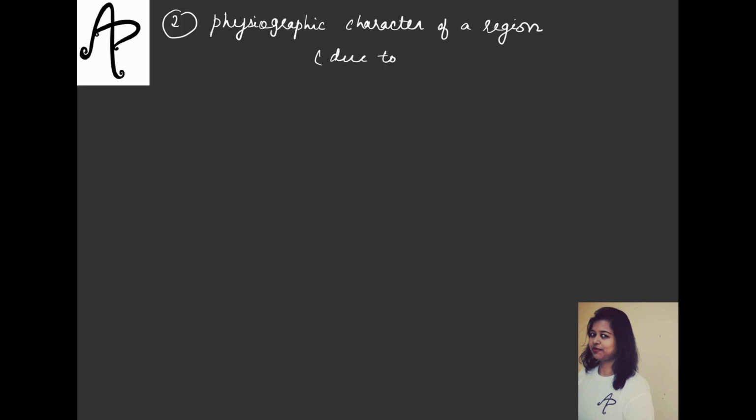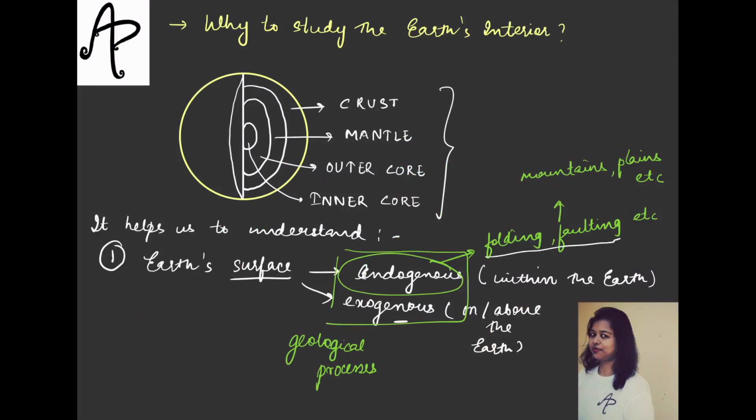Next very important reason would be to understand about the physiographic character of a region. This is actually related to what we just did right now, the endogenic processes. Because of the effect of endogenic processes, as we saw, processes like folding and faulting will result in, let's say, the formation of mountains.